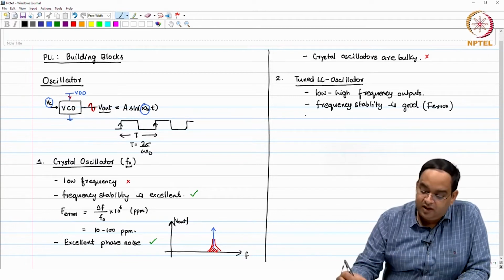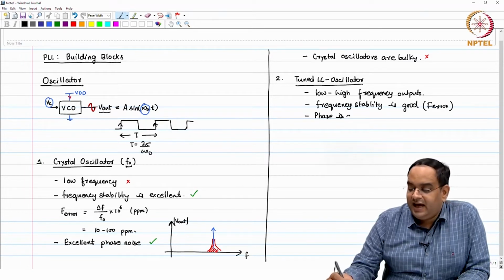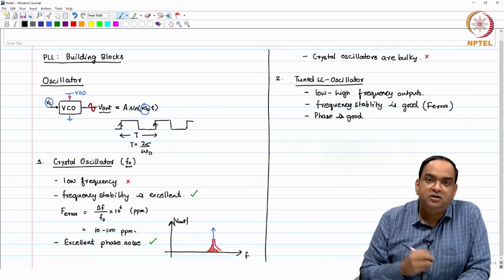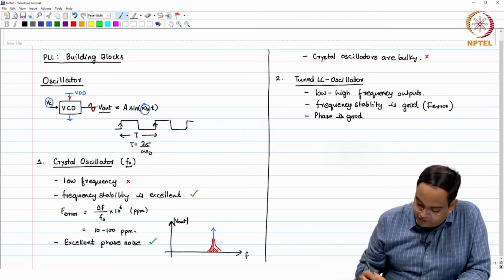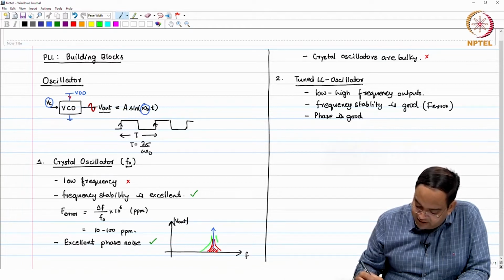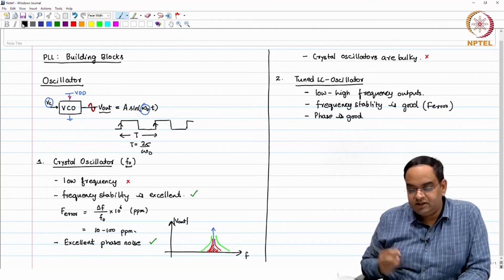Okay. The next one is your phase noise. Phase noise is good, but not as good as your crystal oscillator. So, phase noise may increase. Just for an example, I may have a larger phase noise like this in comparison to your crystal oscillators.